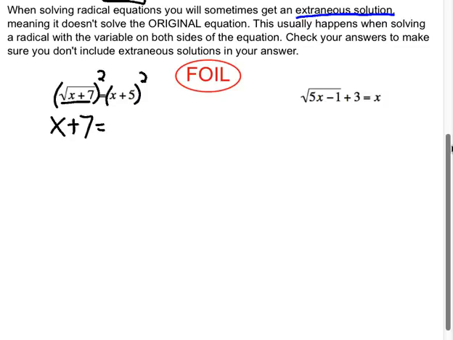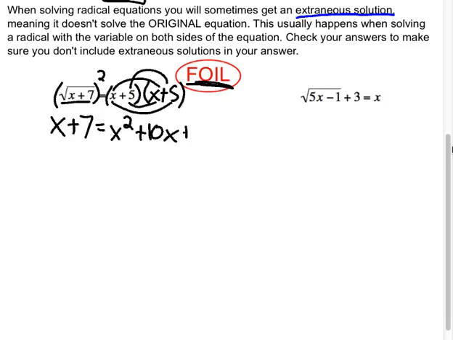Remember, x plus 5 squared really means multiplying it by itself. And then in the middle of your notes here, I gave you a little spoiler alert that whenever you have that situation, that actually means that you have to FOIL that out. So foiling that out, x times x is x squared, 5x and 5x gives us 10x, 5 times 5 is going to be 25.